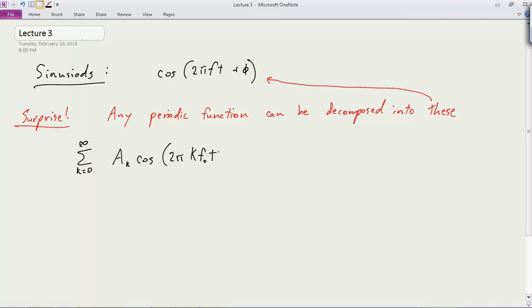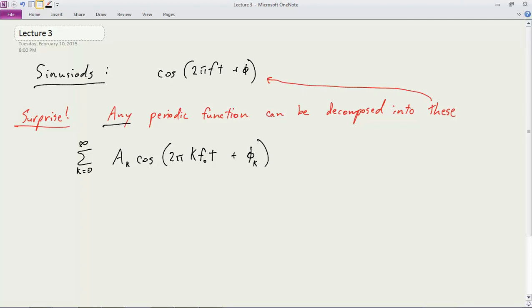And you give it the correct offset. Then with the correct choices of a's and phases, you can represent any periodic signal. All right. So any actually needs some qualifying, and we'll talk about that. So it's not truly any, but pretty much any signal you want.